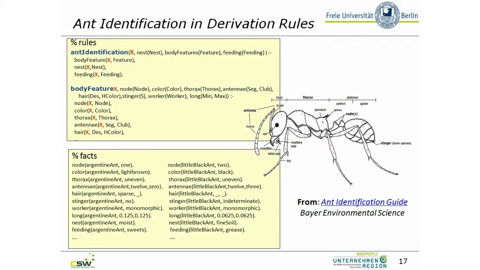This is a Prova code snippet used to identify the various ants in derivation rules. We can see there are two parts of derivation rules, and the bottom parts are facts, and they describe the features of various ants. For example, the Argentina ant has one node, their color is light brown, and their thorax is uneven.